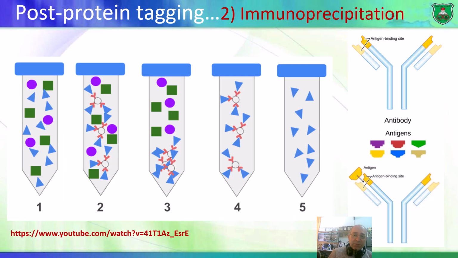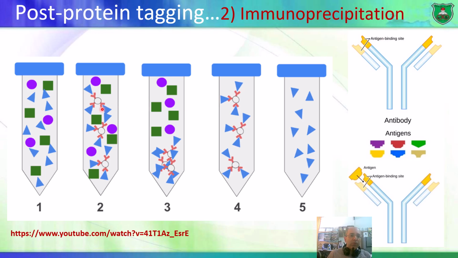What we can also do is to separate a certain protein from the rest of the other proteins inside cells by immunoprecipitation. Now, whenever you hear the word immuno, you should know that we're talking about antibodies, and these antibodies are really specific, so they bind to other proteins really specifically.